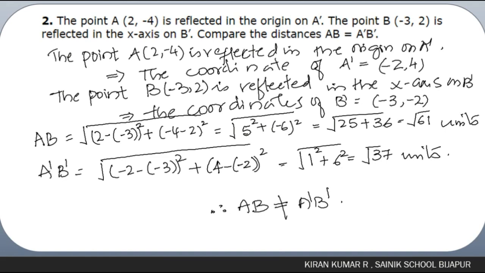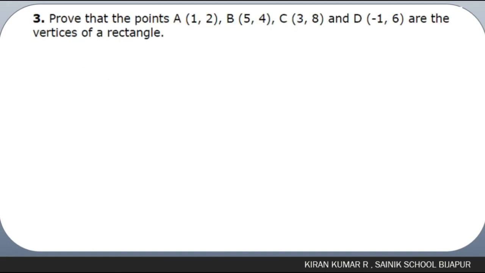Let us solve one more question. This is one of the important questions, and this will be the last question for today's session. Prove that the points A, B, C, D, coordinates you can refer, are the vertices of a rectangle.